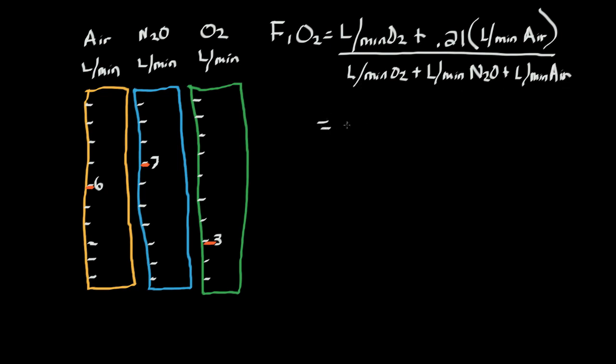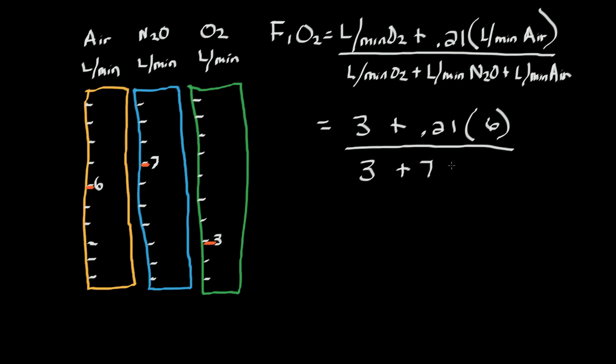So in the numerator, we have 3 plus 0.21 times 6, all divided by 3 plus 7 plus 6. Okay, so 0.21 times 6 will be 1.26.